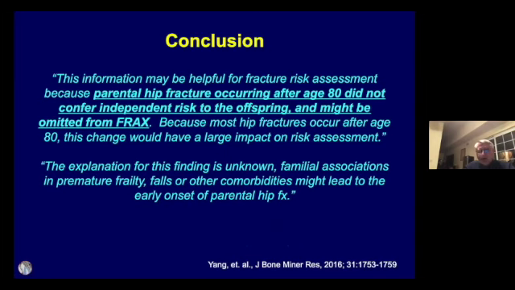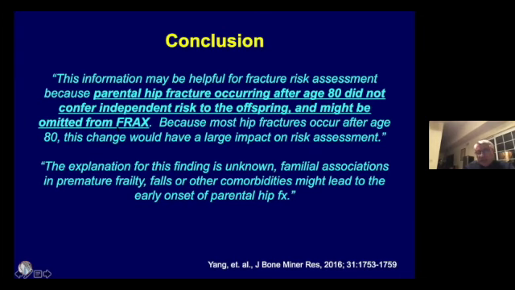As such, they suggested that maybe parental hip fracture occurring after age 80 should be omitted from FRAX. They did comment that they don't know why. I think it's likely that these fractures above age 80, which is roughly the average age of hip fracture, are probably due to other comorbidities.